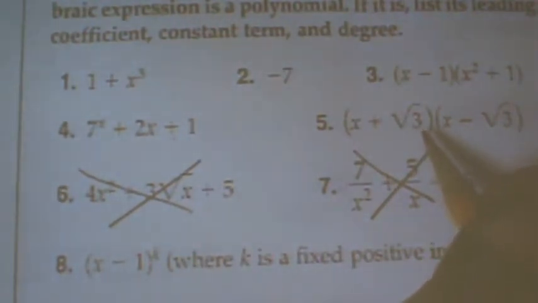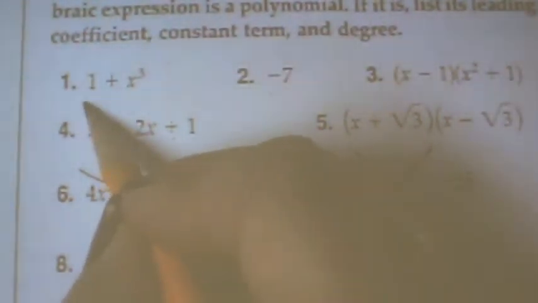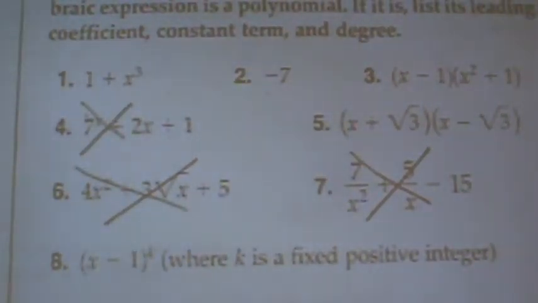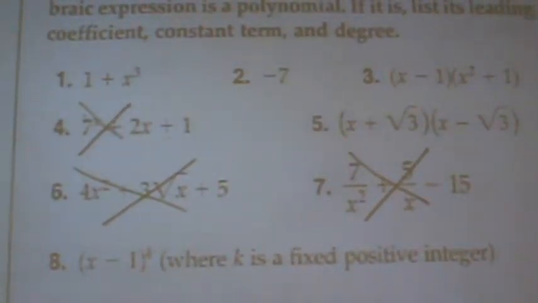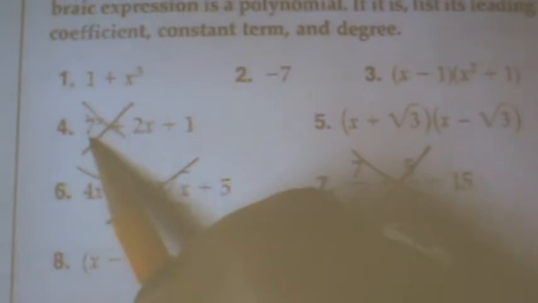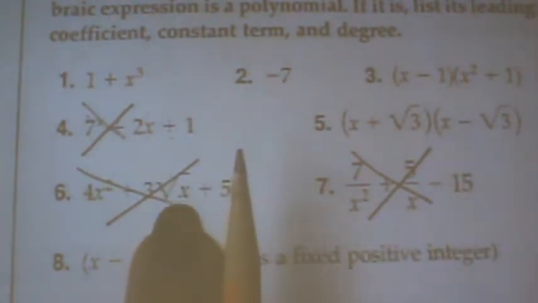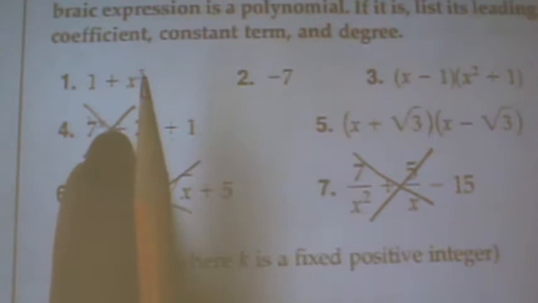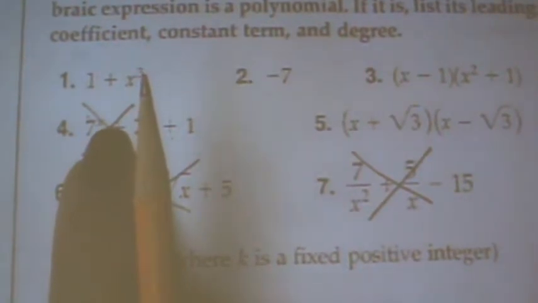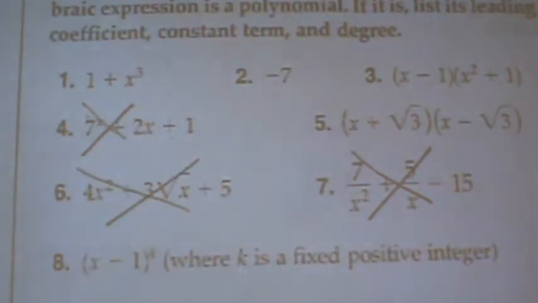Number 4 is not a polynomial. Wait, why is it number 4? Because it says 7 to the x power. Oh, okay. You're not going to have variables in the denominator of a fraction, with a fractional exponent, under a radical, or as an exponential power. Okay, 8's fine. Yep, 8's fine.